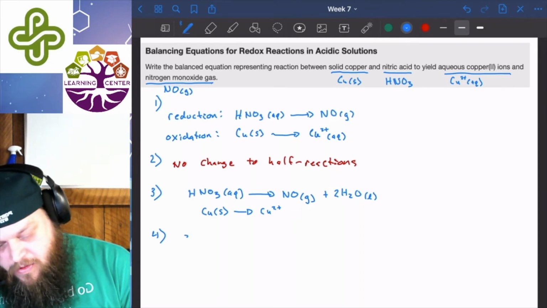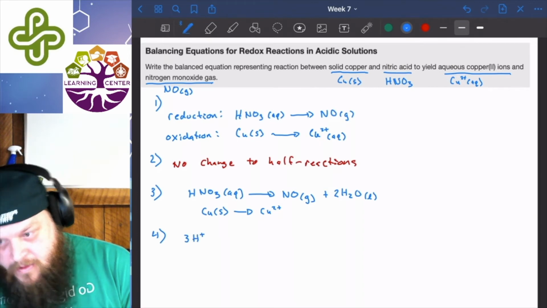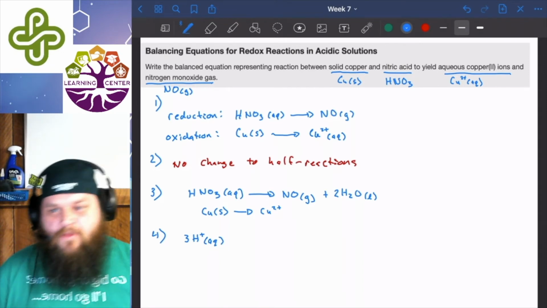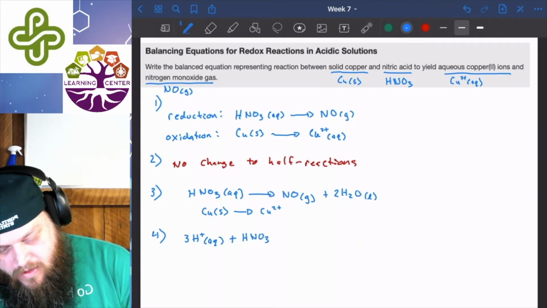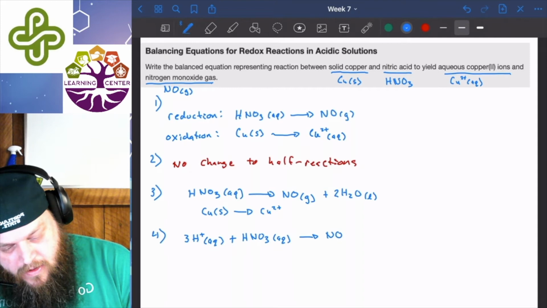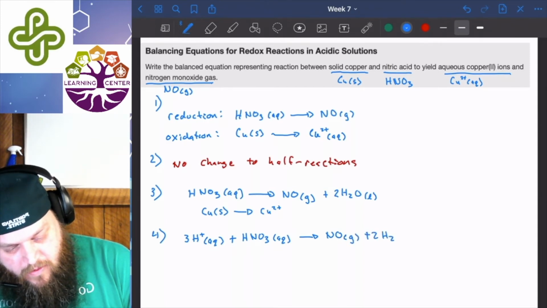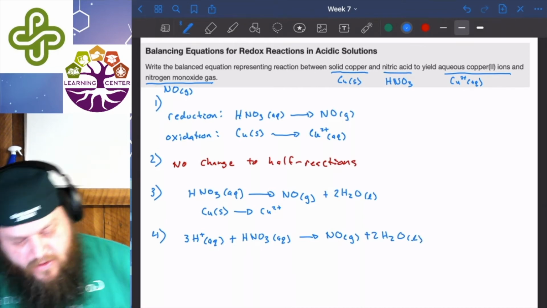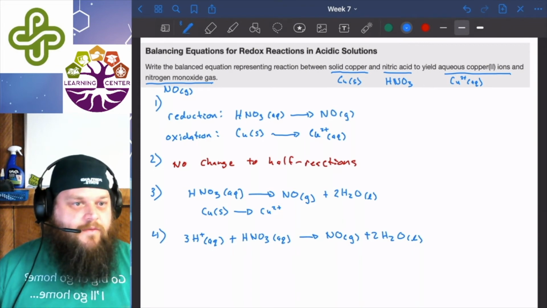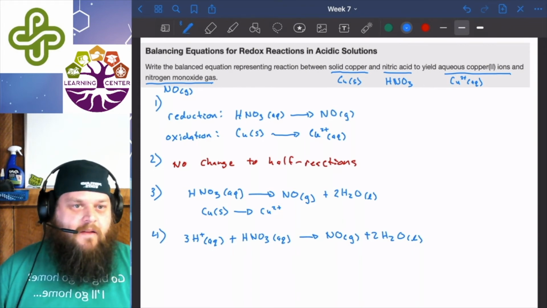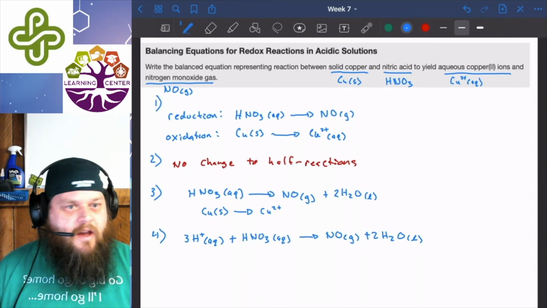So I can do 3 H plus, and it's going to be an aqueous H plus. Basically, some acid is going to have to be in there, plus HNO3 aqueous. It's going to produce NO gas plus 2 H2O liquid. So now we've got our liquids balanced. Our oxygens balanced with 4 on each side. Our nitrogens started out balanced, so we're happy there. And now we have our hydrogens balanced as well.